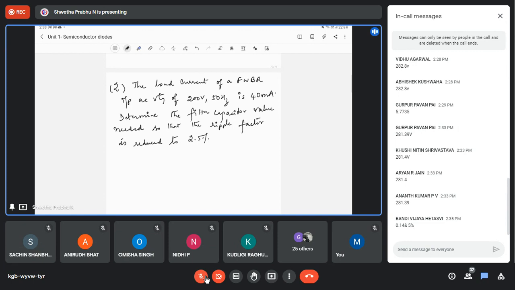I think I missed the load resistance value. The load resistance is 150 ohms.